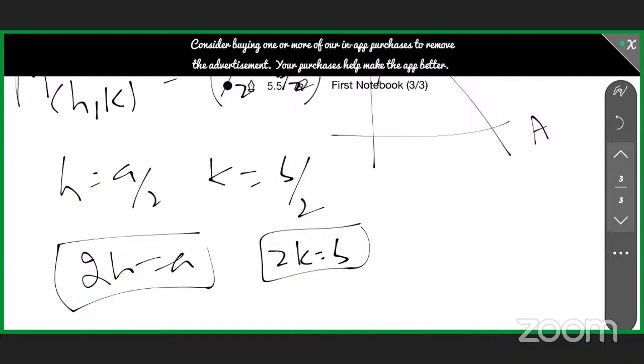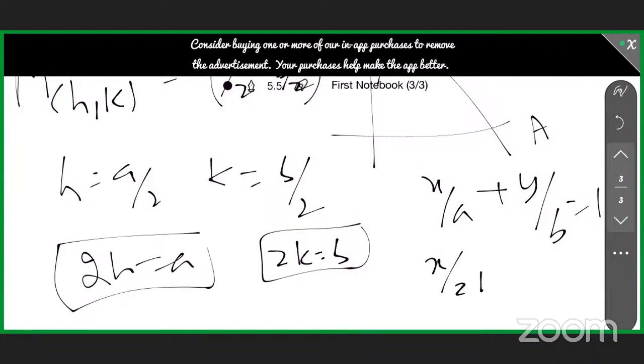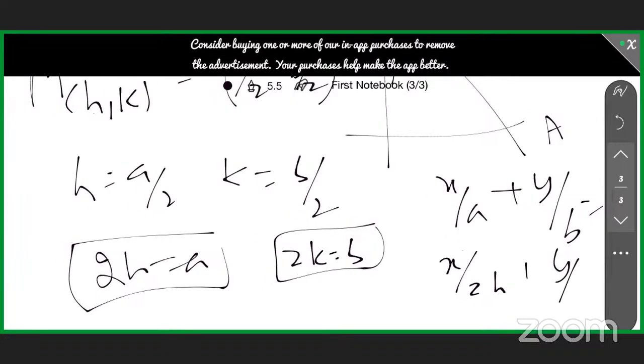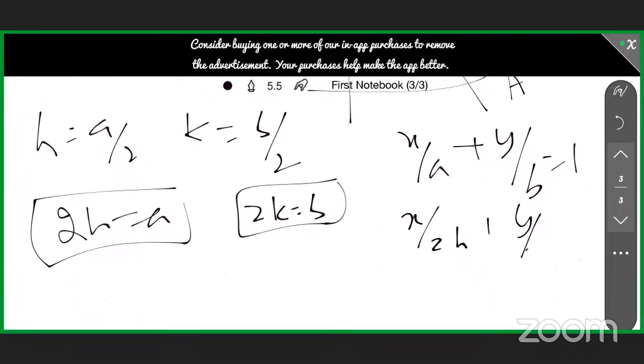So what happens? My line is in the intercept form. Therefore, X by A plus Y by B is equal to 1 will become X by 2H plus Y by 2K is equal to 1. So my line is passing through the, sorry, not midpoint.